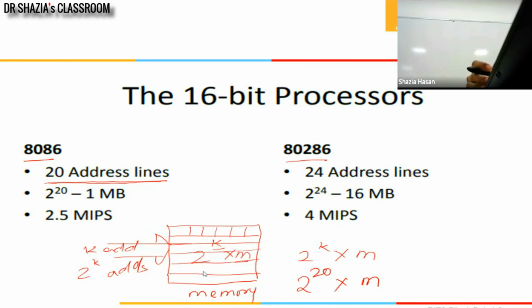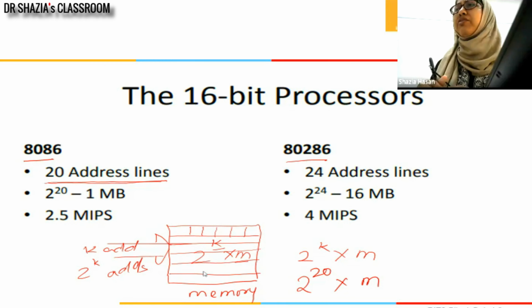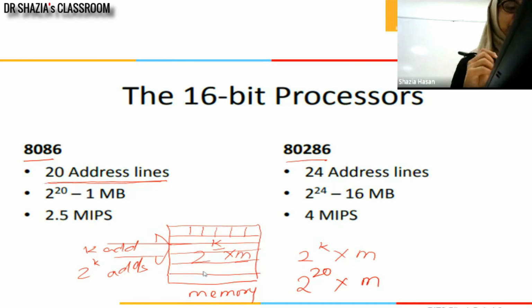In all these Pentium processors we are going to look into, memory is byte organized, irrespective of data bus size. We will see what differences we are going to face if the size of the memory and the size of the data bus are different. But at this point, all these processors are byte organized. So in most cases this m will not be mentioned anywhere.